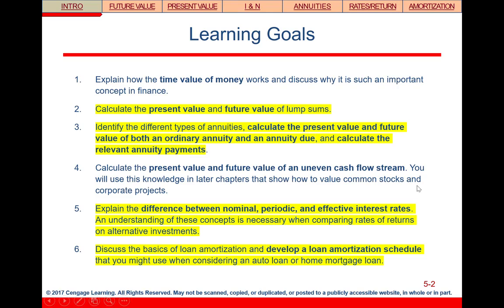The logic is the same. If you know how to calculate present value and future values of an ordinary annuity and annuity due, you should be able to calculate an uneven cash flow stream. You'll use this knowledge in later chapters that show how to value common stocks and corporate projects. But we don't have enough time to cover all those following chapters, so this part is not very relevant here.